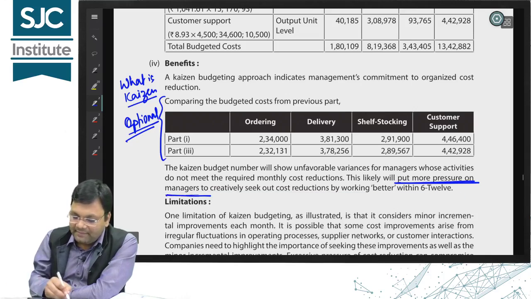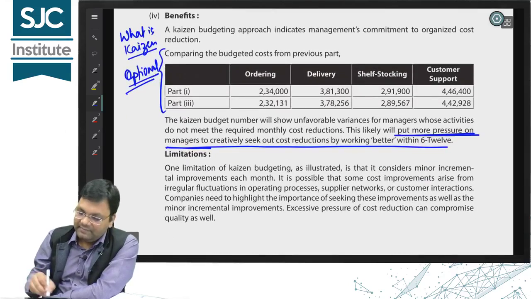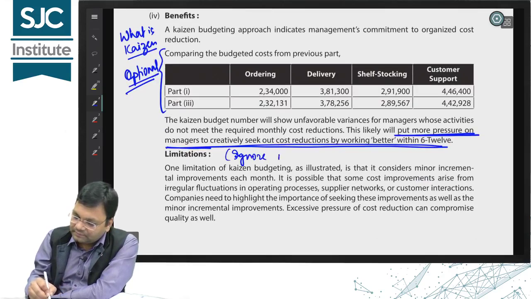And what is the limitation of Kaizen? The main limitation of Kaizen is that it ignores major improvement. Only minor improvement is not enough. Now, how can major improvement come?